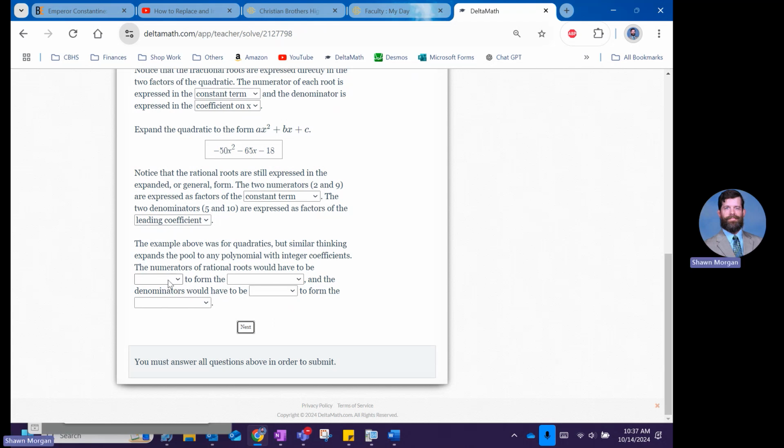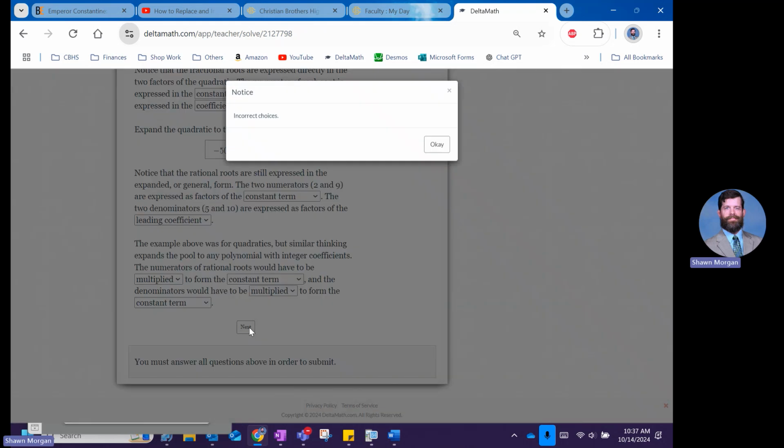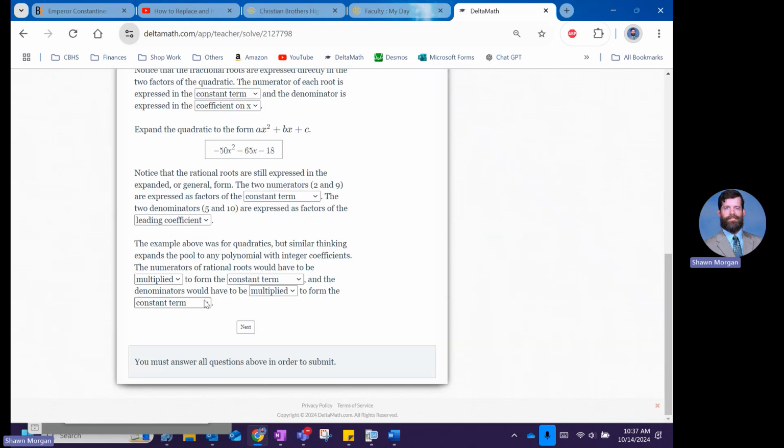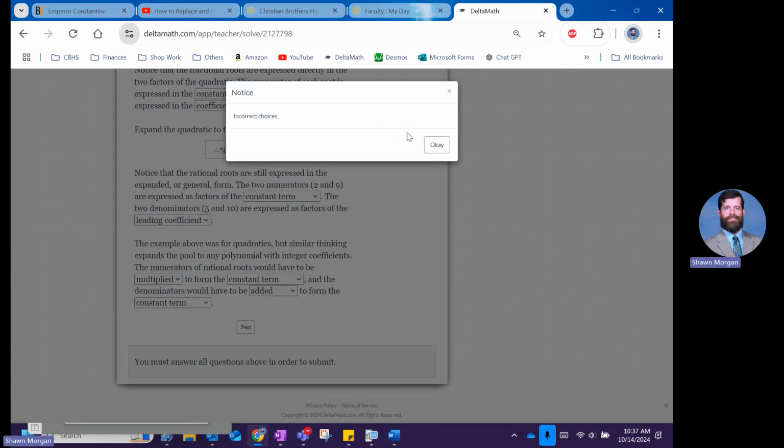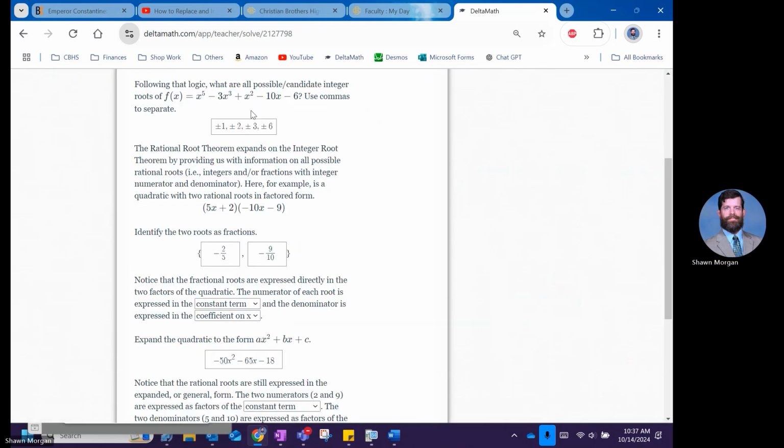Rational roots would have to be numerators of the rational roots. And form the constant term. They're multiplied. The denominators multiplied to equal the constant term. Incorrect choice. What did I type wrong there, Mitch? The denominators would have to be added. Form the constant term. I don't know.